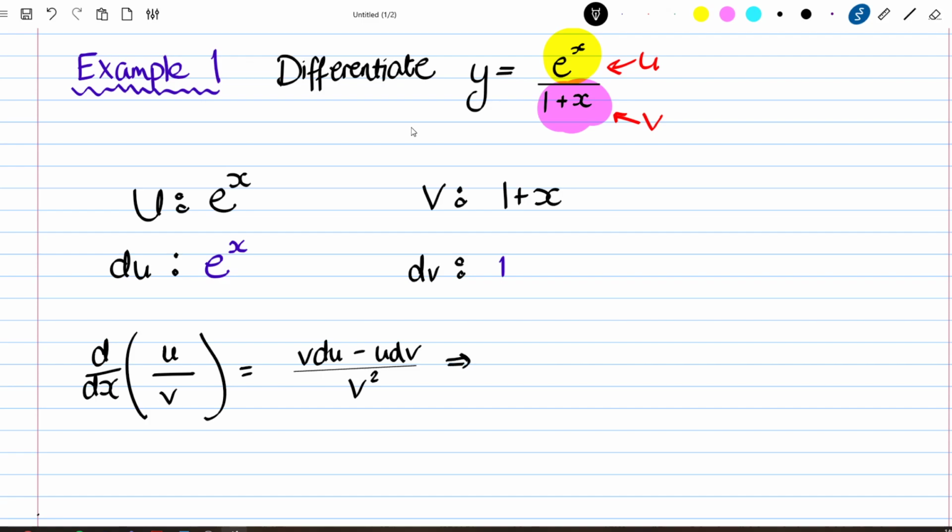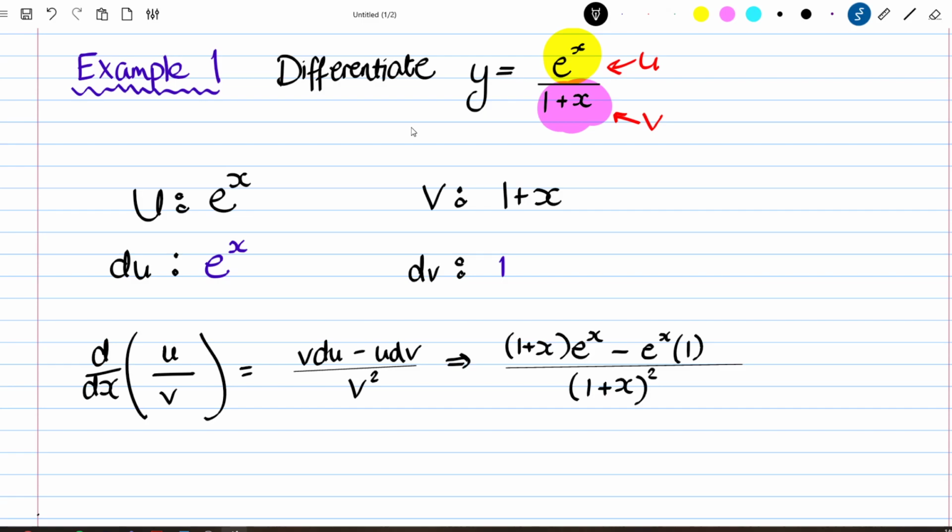So in this particular instance, we're going to have v, which is 1 plus x, multiplied by du, which is e to the x, minus u, which is e to the x, times dv, which is 1. The bottom of the fraction is v squared, which is 1 plus x squared.